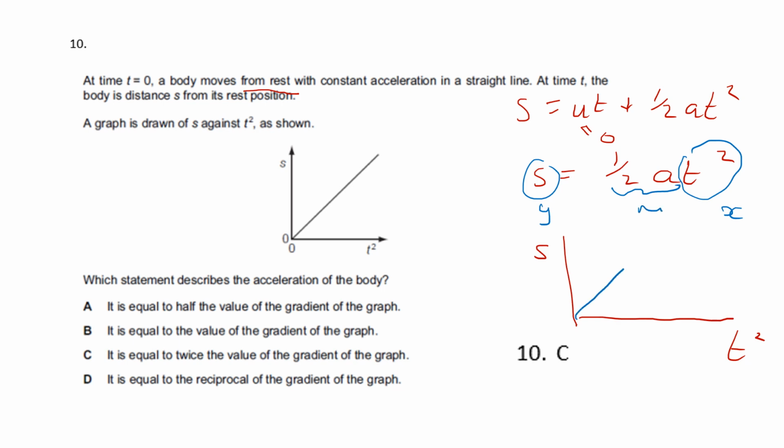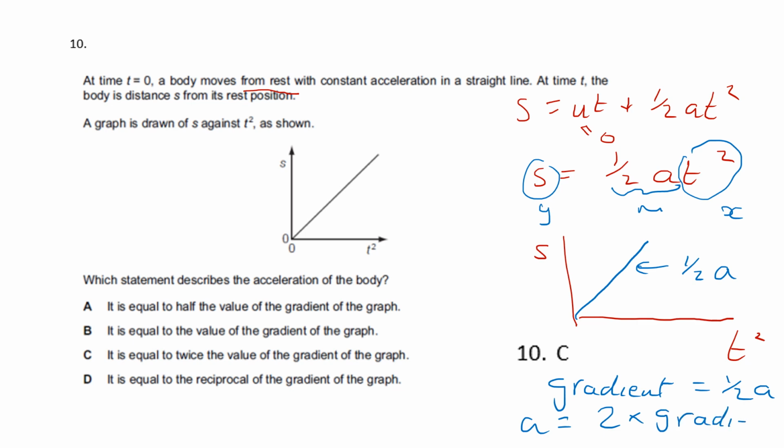So that means that the gradient of this line is going to be equal to a half times the acceleration. So gradient equals a half times acceleration. So acceleration is going to be equal to 2 times the gradient. So we're looking at answer C there. It is equal to twice the value of the gradient of the graph.